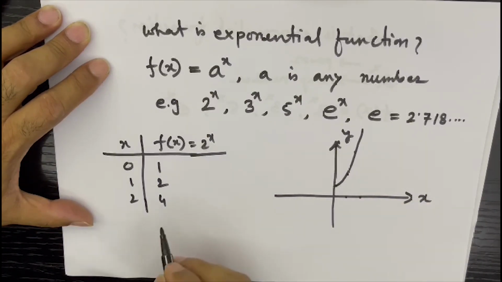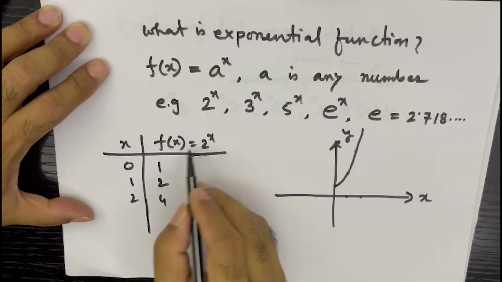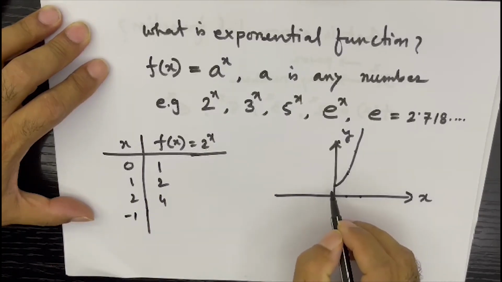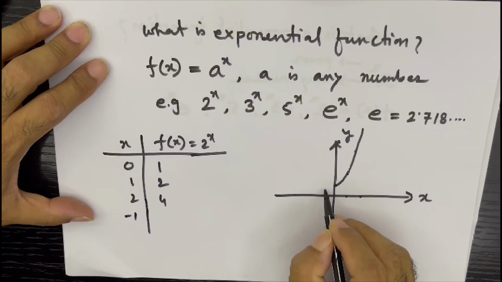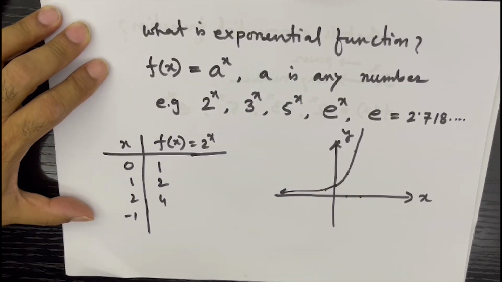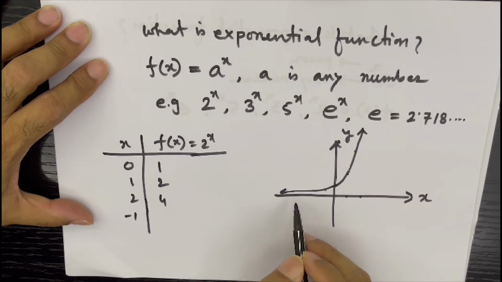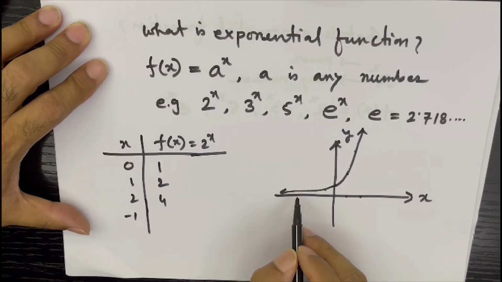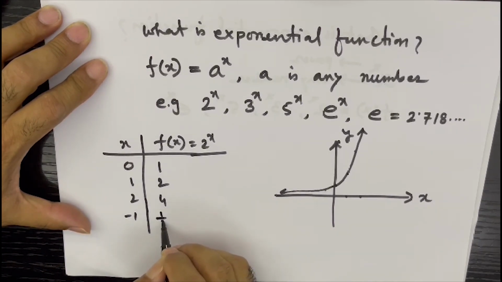If we take the negative value, minus 1, 2 to the power minus 1 means half, it will go here and move here and here. That means the negative side of this curve is an asymptote with the negative x-axis.